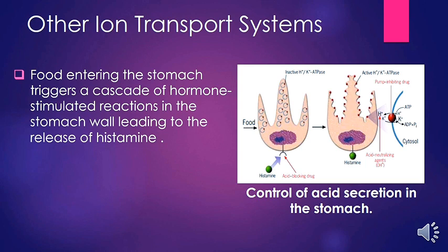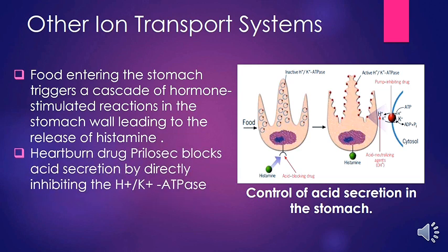Binding of histamine to its receptor stimulates a response that causes the hydrogen-potassium ATPase-containing vesicles to fuse to the plasma membrane, forming microvilli or canaliculi. Once at the surface, the transport protein is activated and pumps protons into the stomach cavity against the concentration gradient.